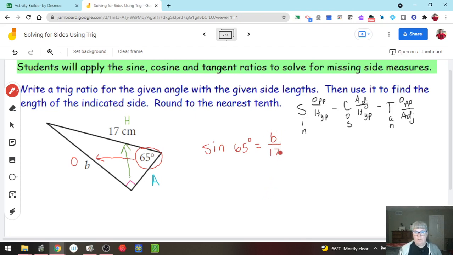I need to undo this division. Well, to undo the division, I need to multiply. So this 17 cancels out. And in my calculator, I'm going to enter 17 times sine of 65 degrees.